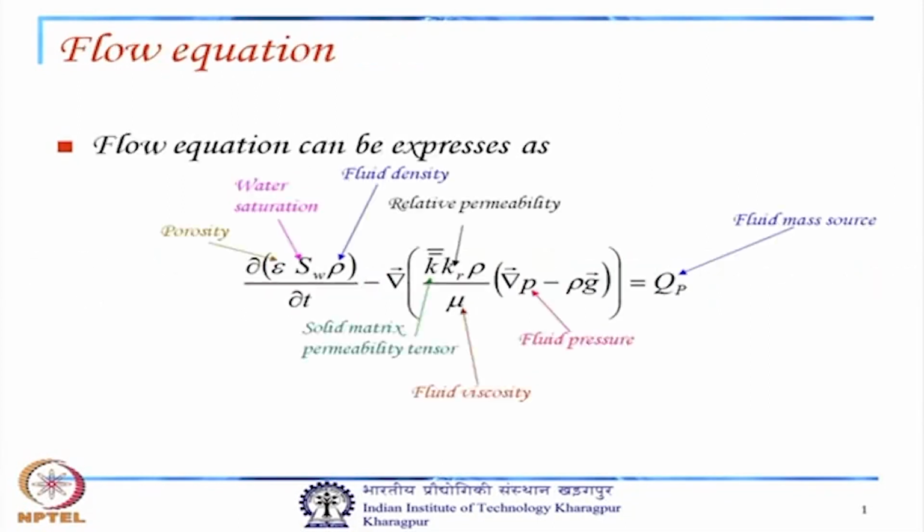So, in the flow equation, this rho value or this g value has only a component in the vertical direction. This is basically a modified form of our Darcy's equation, if we consider it with the fluid pressure term.